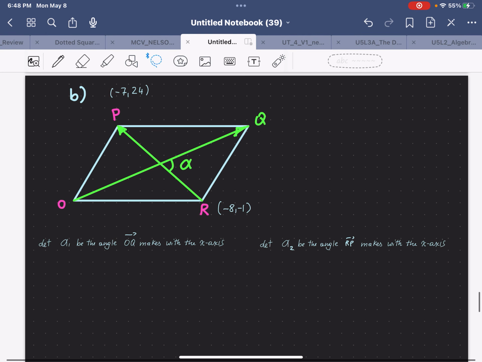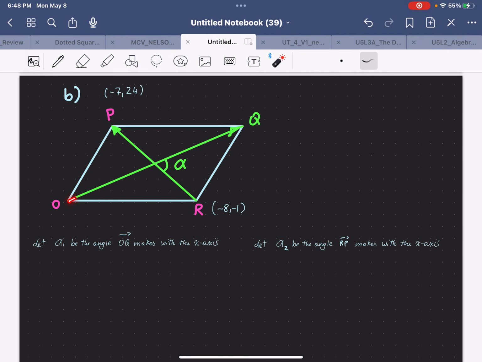So first we need to find all the coordinates of OQ because we don't know it yet. OQ is one of the diagonals of the parallelogram, and based on the parallelogram law of addition, that would be the sum of vectors OP and OR. So we're going to write that down here. OP plus OR would give OQ.